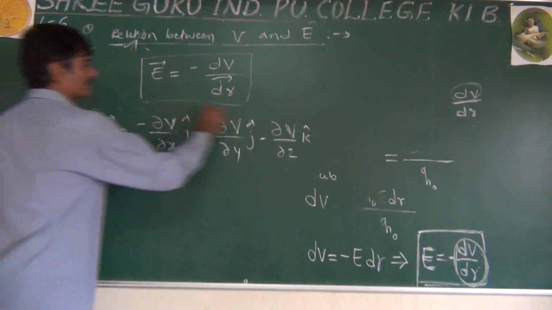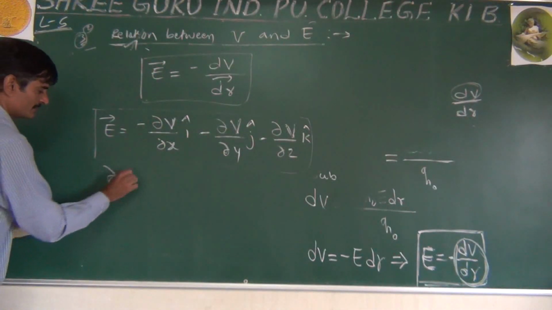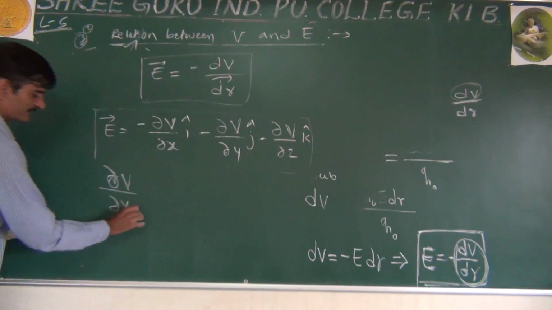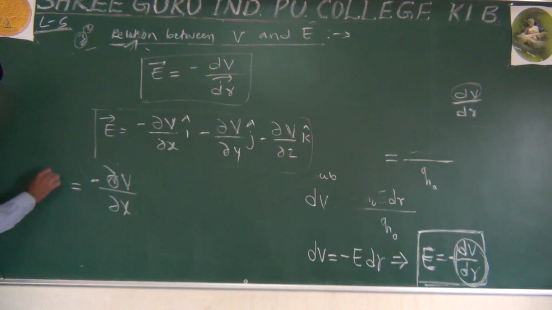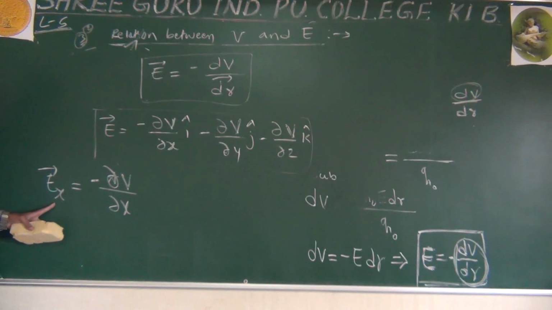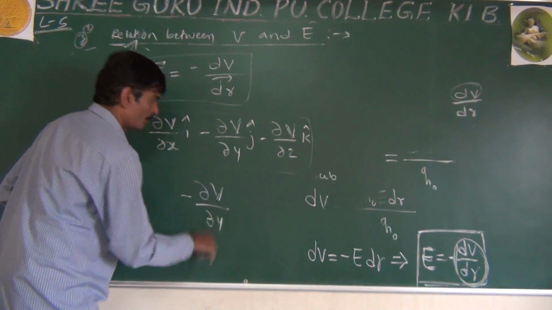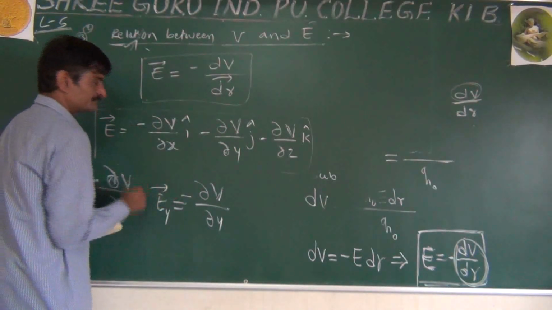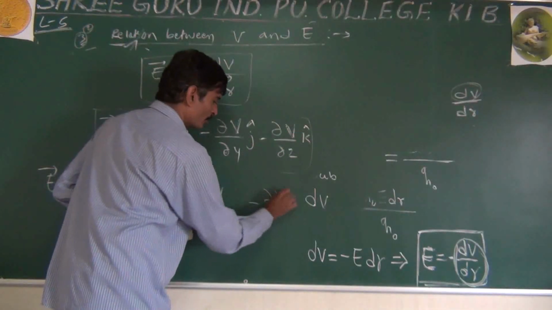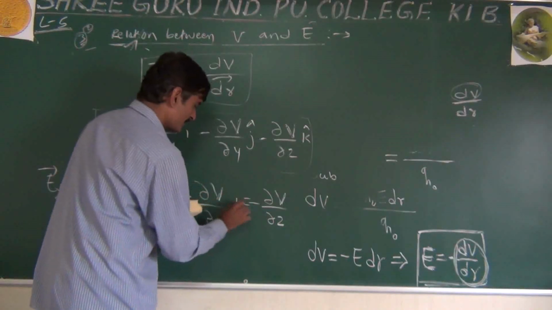What is this? This is simple. So now minus dou V divided by dou x is nothing but Ex. Understood? Minus dou V divided by dou y is nothing but Ey, and minus dou V divided by dou z is nothing but Ez.